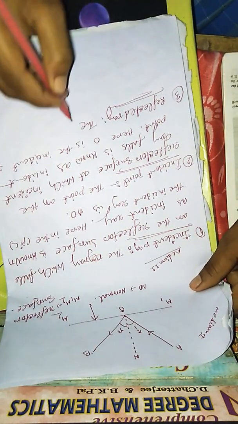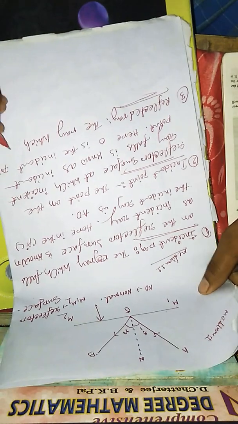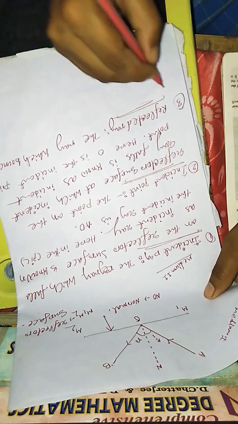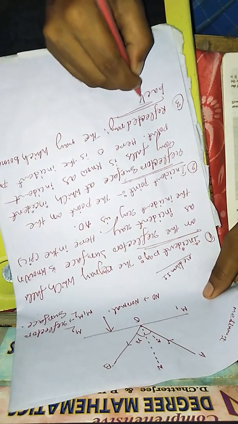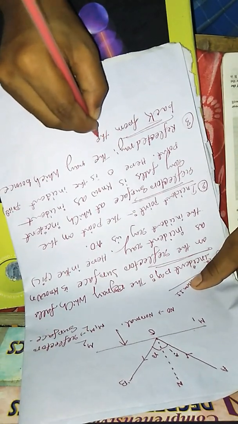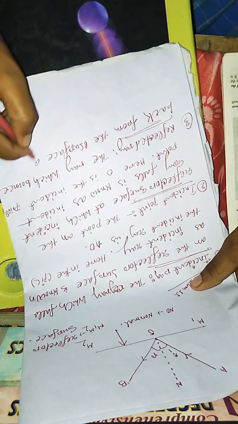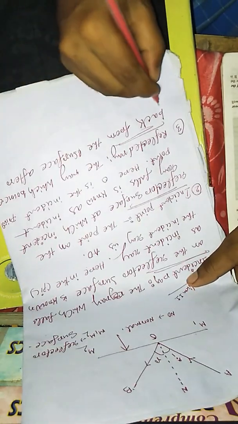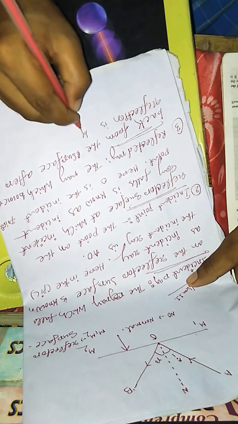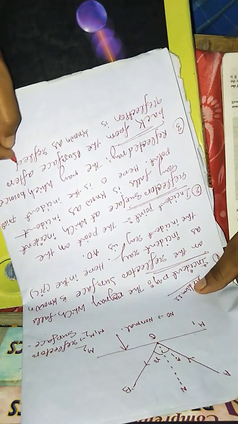The ray which bounces back from the surface after reflection is known as the reflected ray.